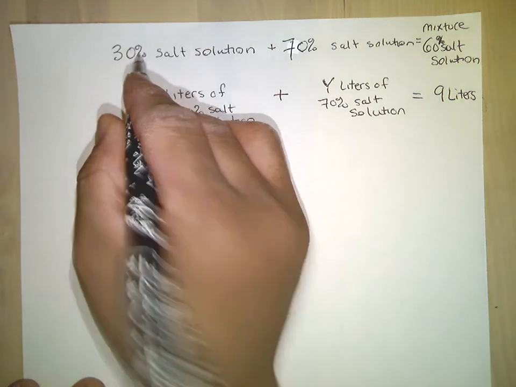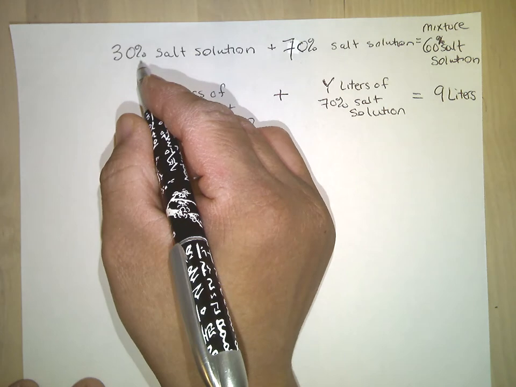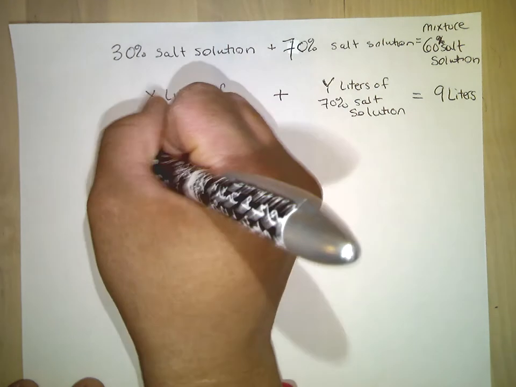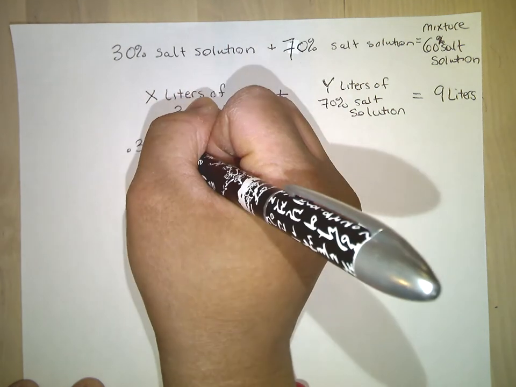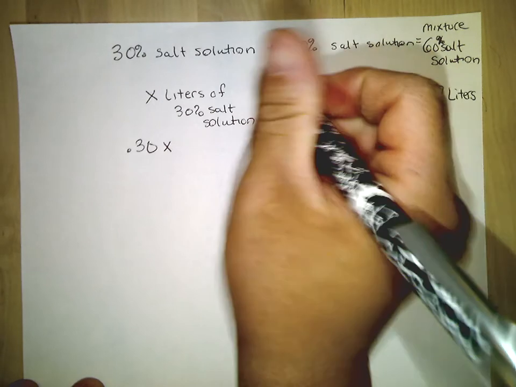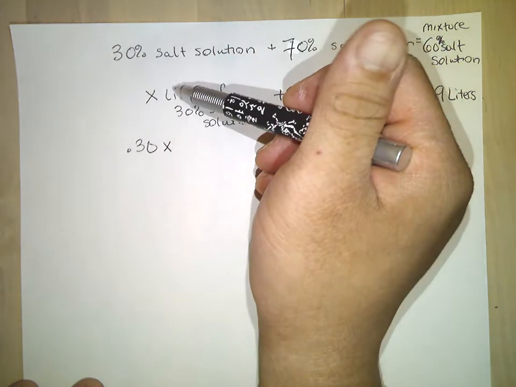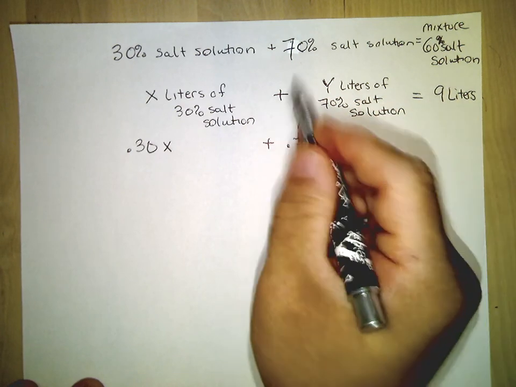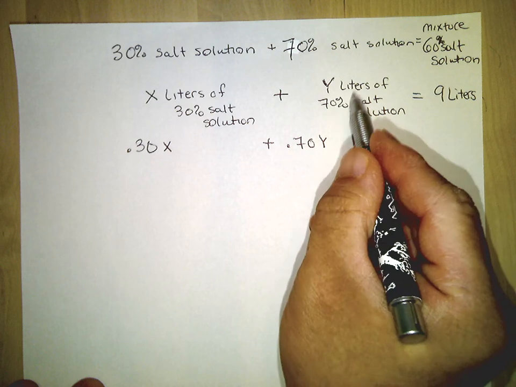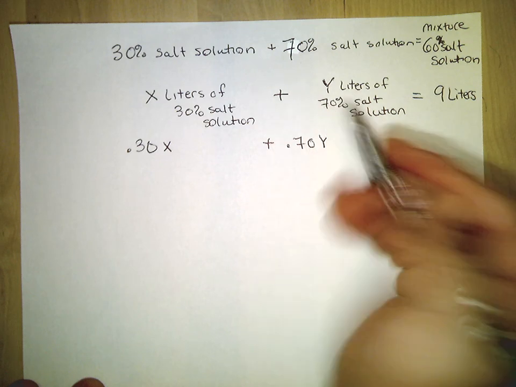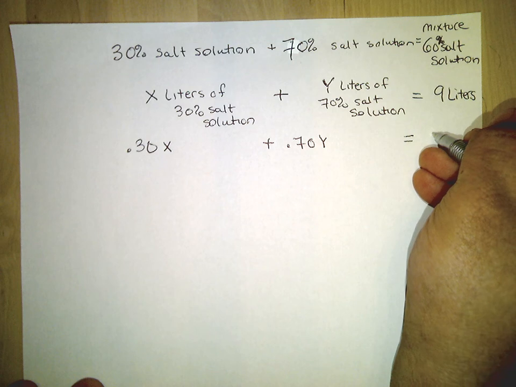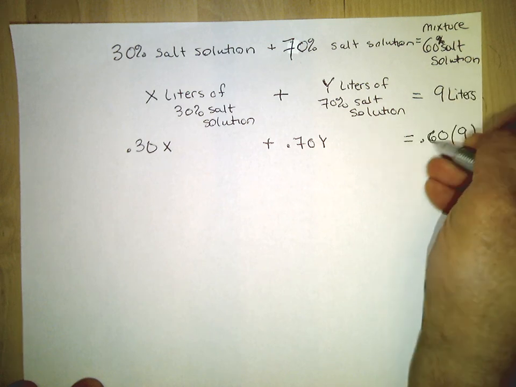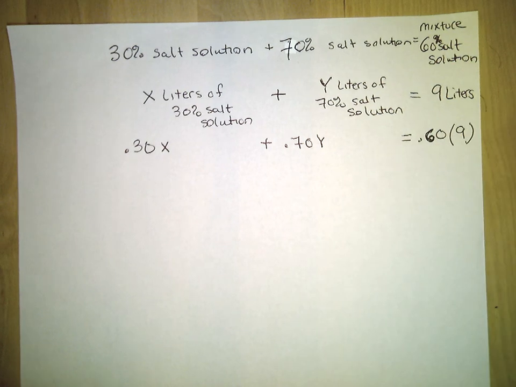Then I know that this is very similar to the other problems that we've had here. 0.30X will tell me the amount of salt in the X liters here, plus 0.70Y will tell me the amount of salt in the Y liters here, and then 0.60 times 9 will tell me the amount of salt in the 9 liters.